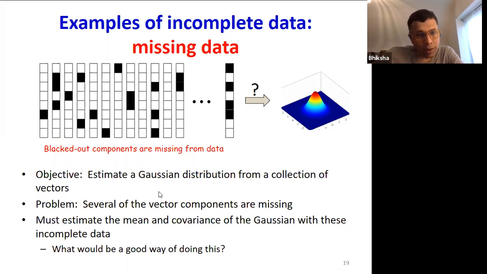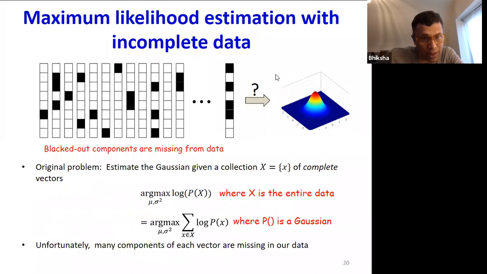So you have these vectors where some components are missing, and the components that are missing are different for each vector. This guy didn't want to tell you his educational status. This guy didn't want to tell you his income. So now you have this collection of data with incomplete, missing components, and from this you have to estimate the Gaussian.